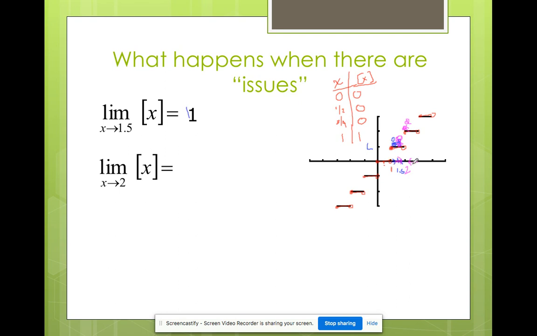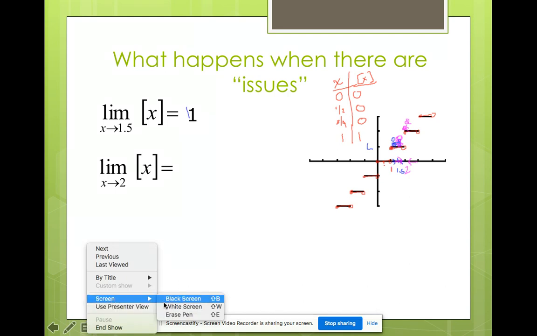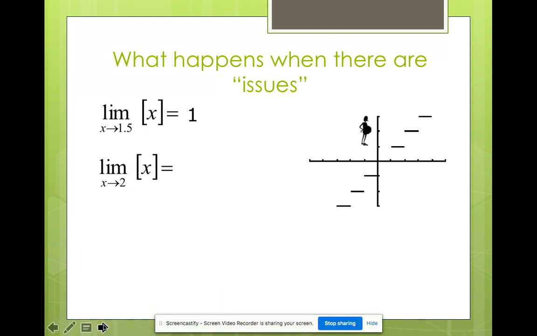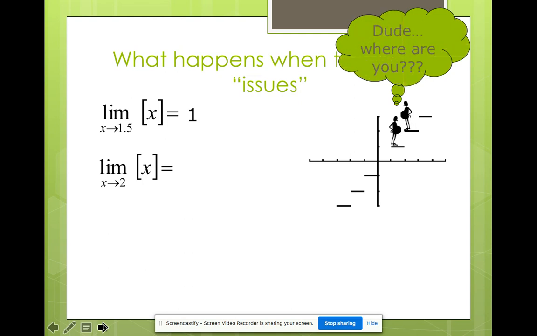Left level is different from right level. They can't see one another because their necks don't bend. If they can't see one another, they certainly don't bump bellies, and therefore the limit does not exist.